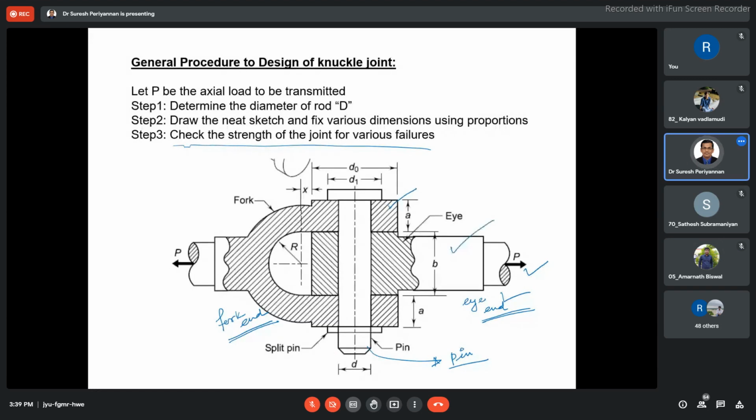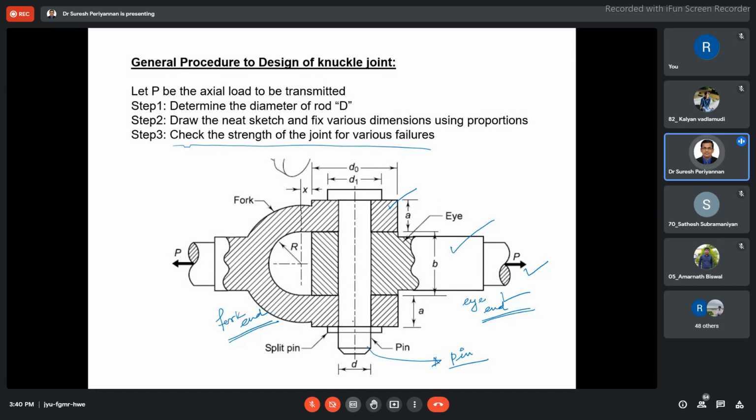The complicated design also takes more cost. It is more costly as compared to the pin. Complicated design, more cost, and more manufacturing time are required as compared to the pin. The pin is a simple design and can be easily manufactured.